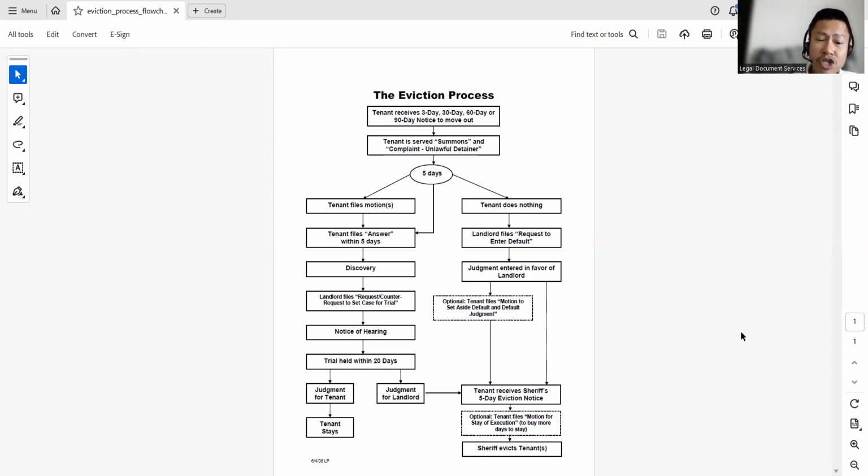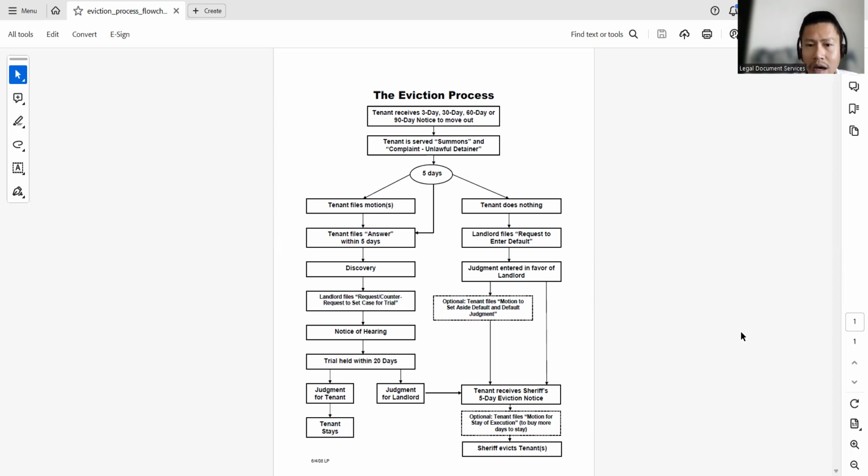If the judgment is for the landlord, then the tenant would receive the sheriff's 5-day eviction notice. And then he or she also has an option to file the motion for stay of execution to buy more days to stay, but eventually would get evicted by the sheriff.